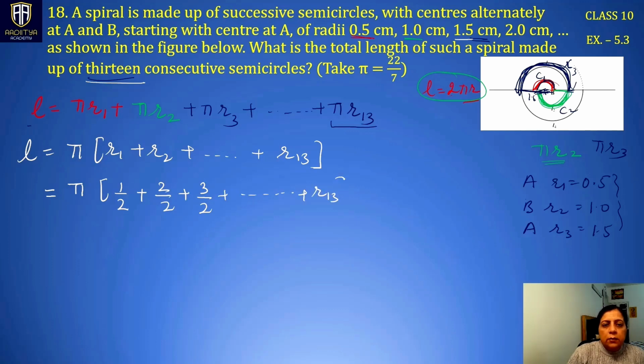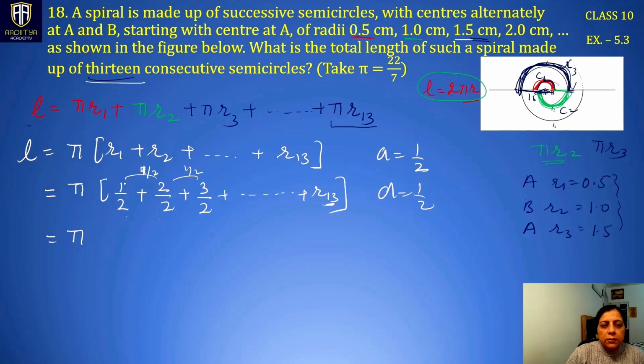This is R13. Right? So what we can do is, you can see that this is an AP. The common difference is 0.5 here, which is half itself. So pi is there. We have to find the sum of 13 terms. You can write here, your a is half. d is also half.